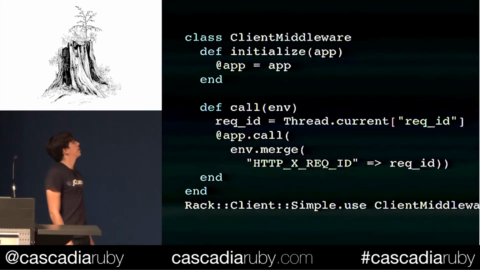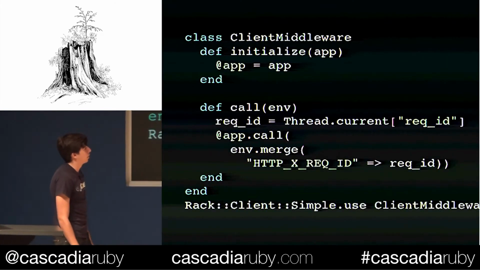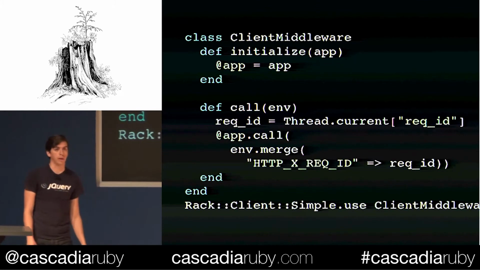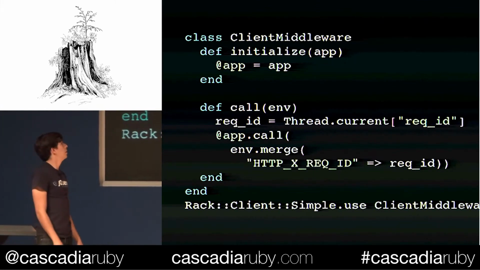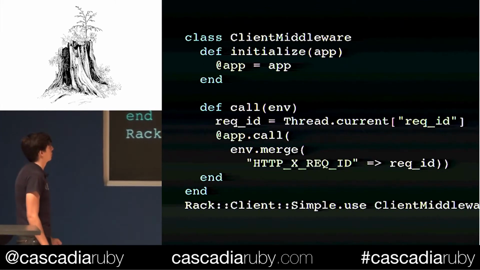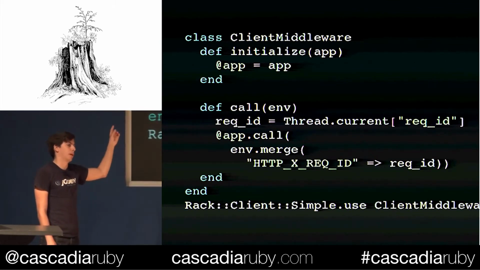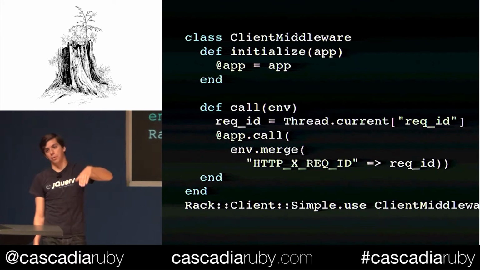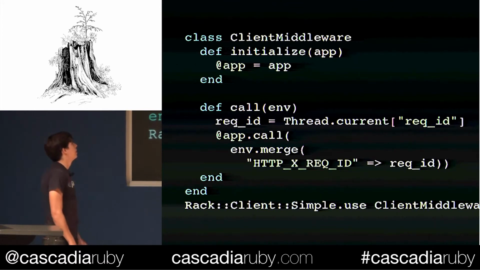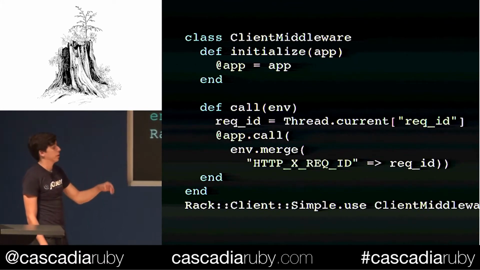So this is a sample client middleware for a Rat Client setup. It looks basically like a regular middleware, pretty much exactly the same. You're initializing it with the app, but the app in this case is probably a backend that's going to make calls out to the backend server. The call method is similar.